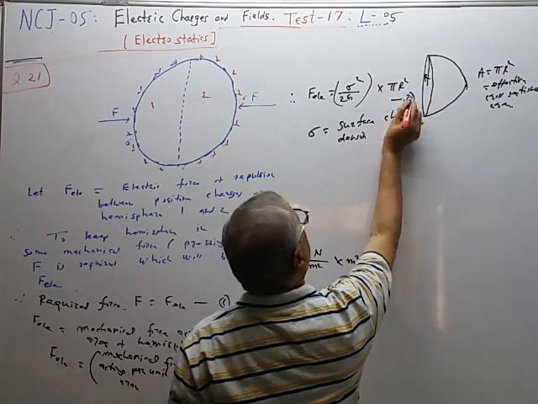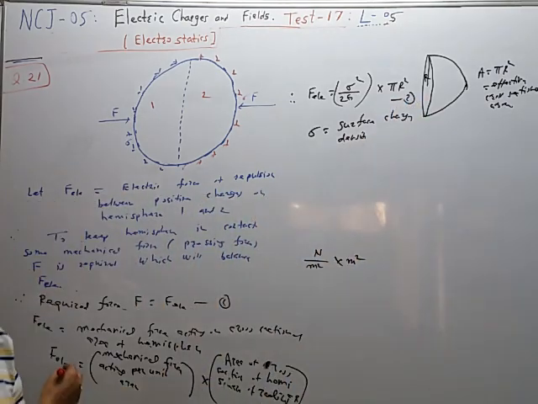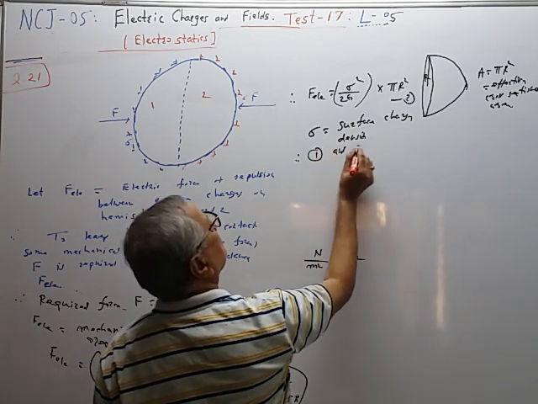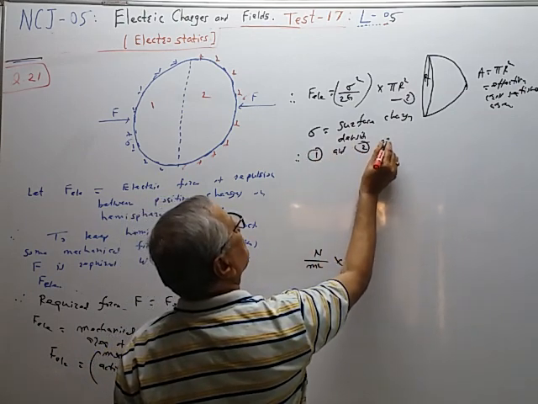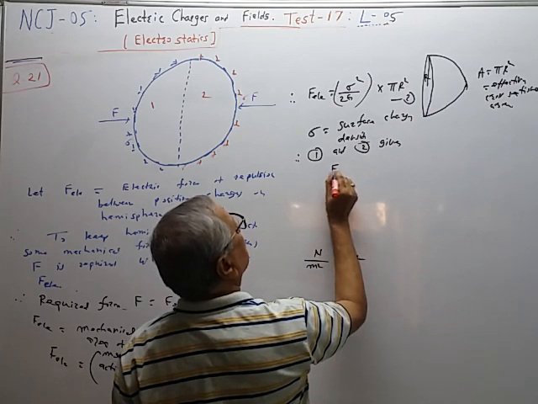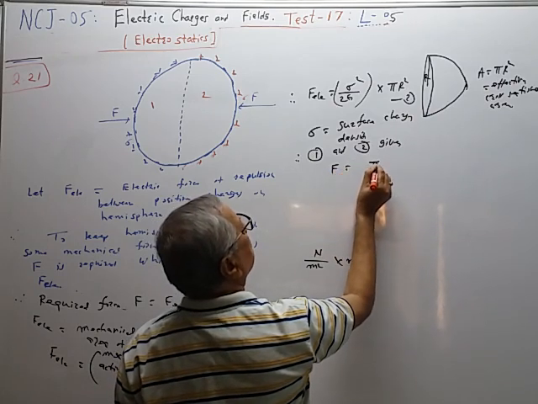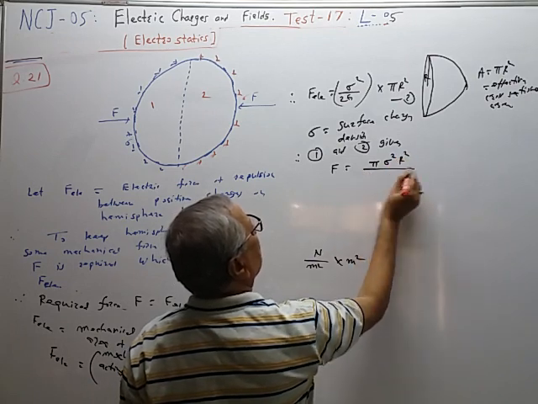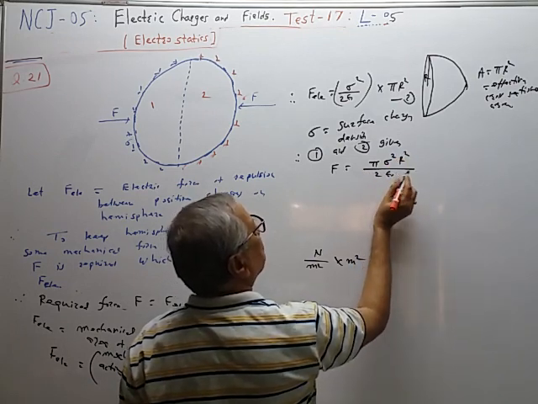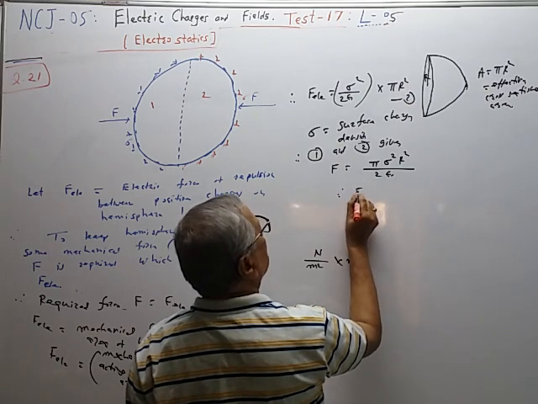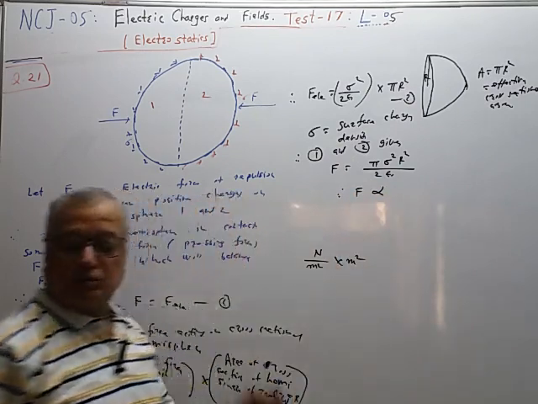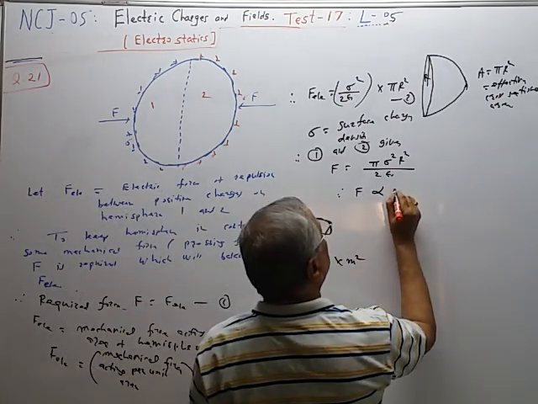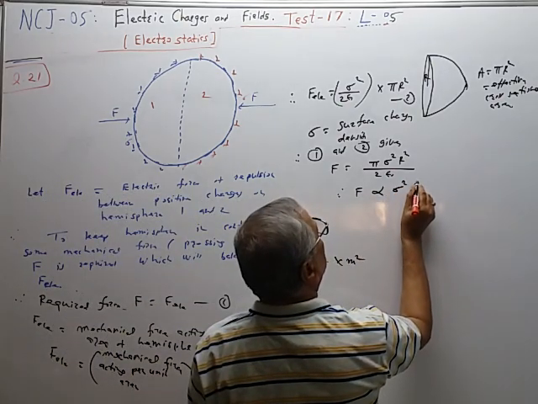So this is the question second. So from equations 1 and 2, F is equal to pi sigma square r square upon 2 epsilon naught, and therefore the force required is proportional to sigma square r square.